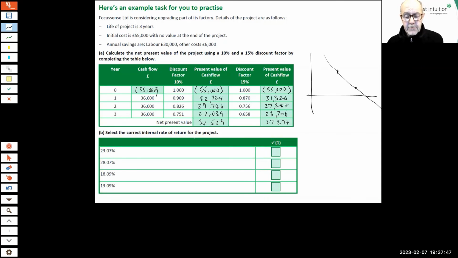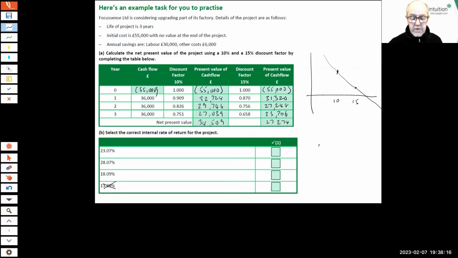So select the correct internal rate of return for the project. We know that it's higher than 10. We know that it's higher than 15. So we can rule that one out. The only way that I would feel safe answering this, I think, let's try it with 23.07%.